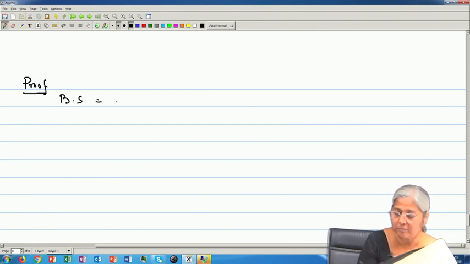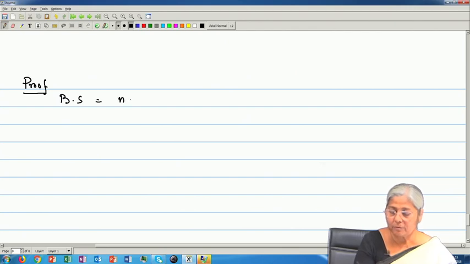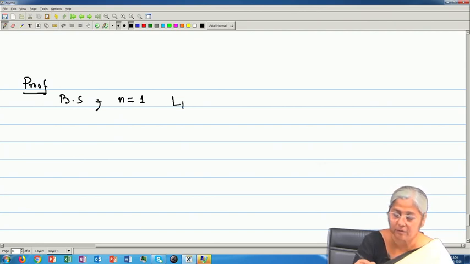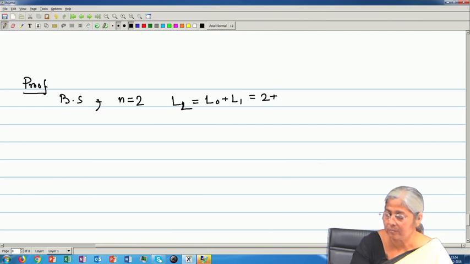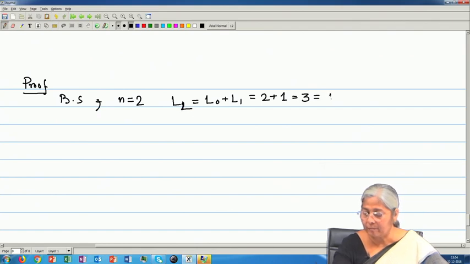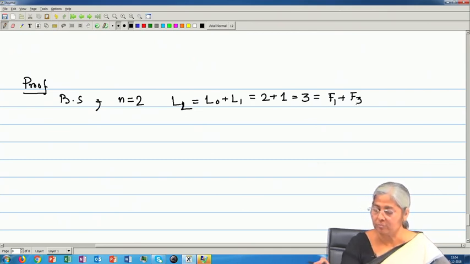And in a similar way we can give the proof also. We can see that for the basis step, for n equal to 2, L 2 is L 0 plus L 1 is 2 plus 1 equal to 3 equal to f 1 plus f 3, 1 plus 2.